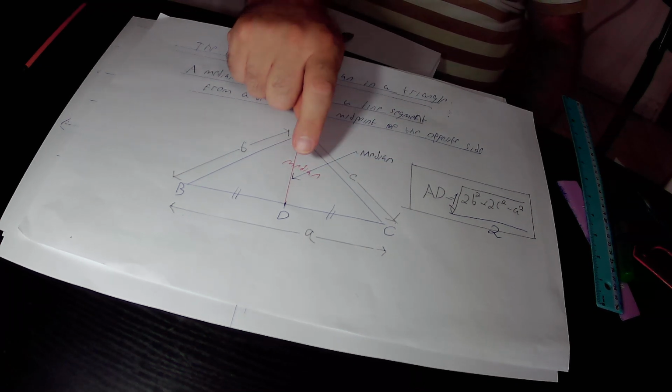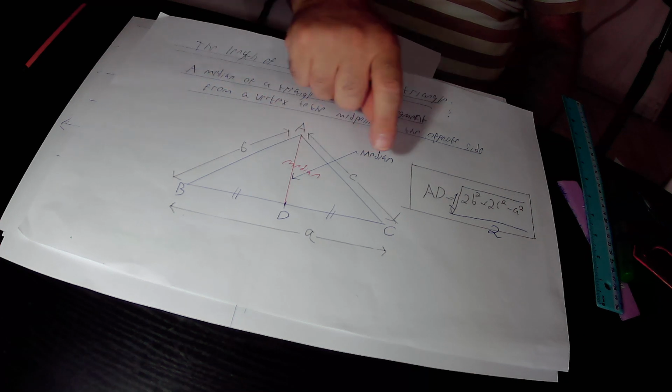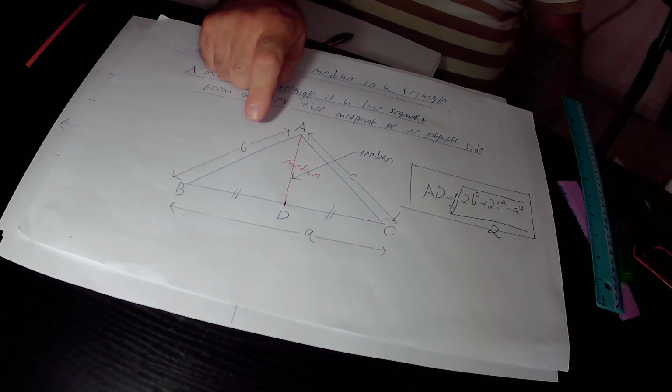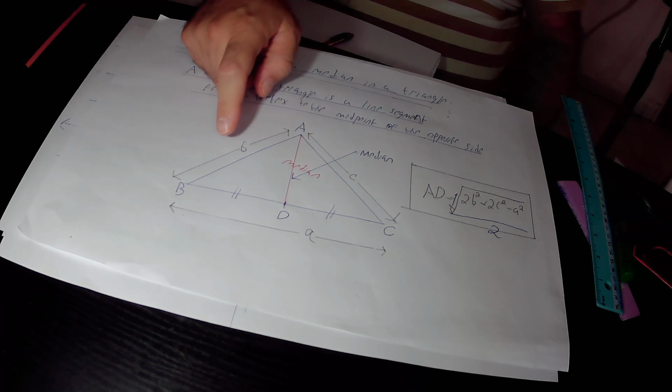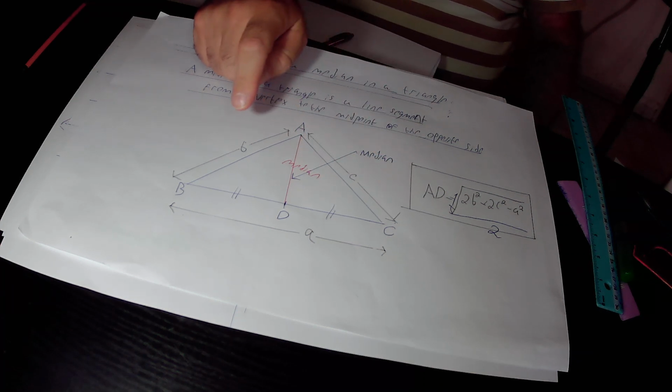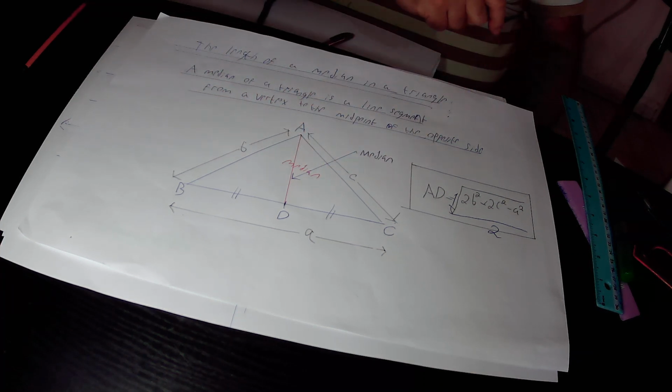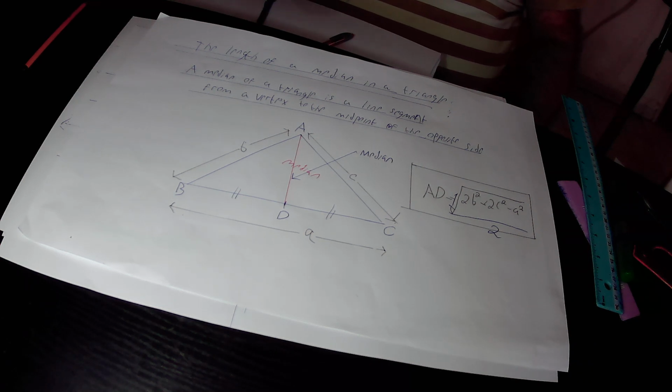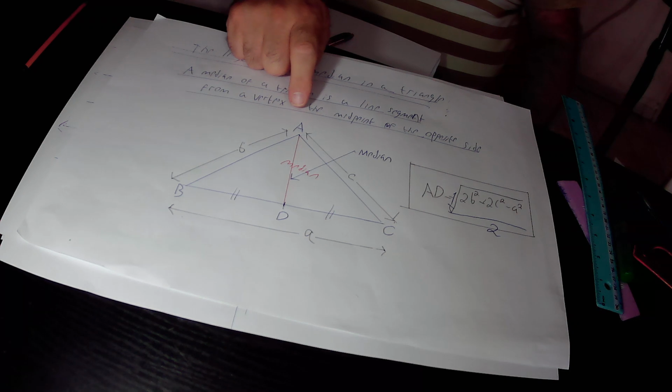So the median AD bisects the opposite side BC. That is to say, it divides it into two parts. The first part is BD and the second half is DC, and BD equals DC. So the median of a triangle starts from the vertex and bisects the opposite side of the vertex.